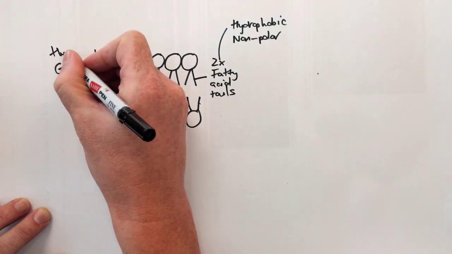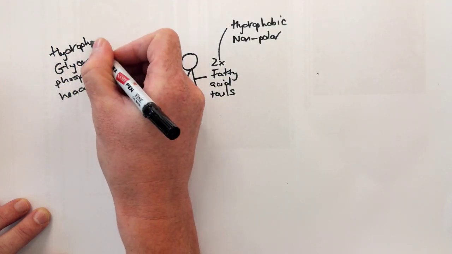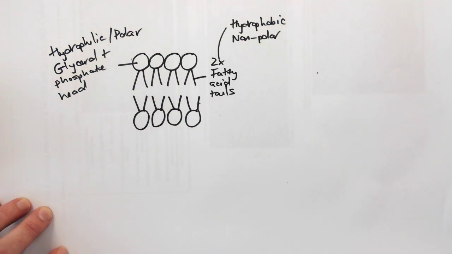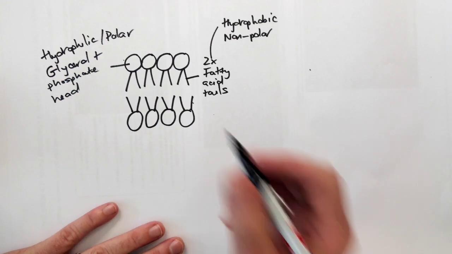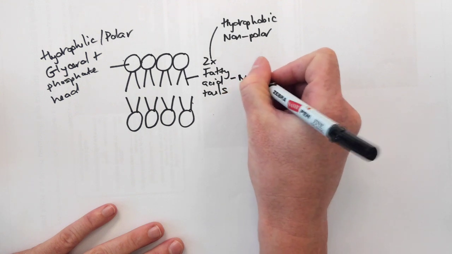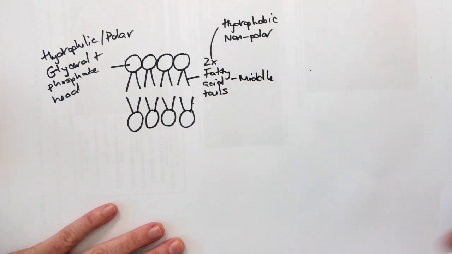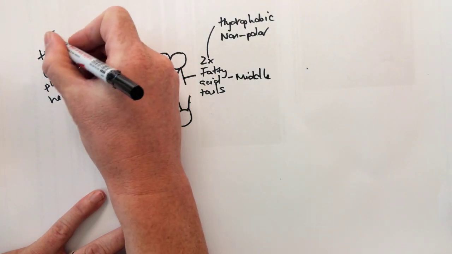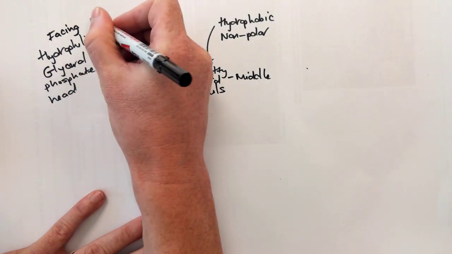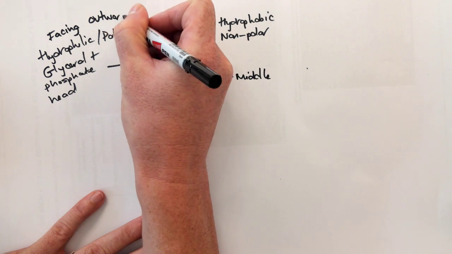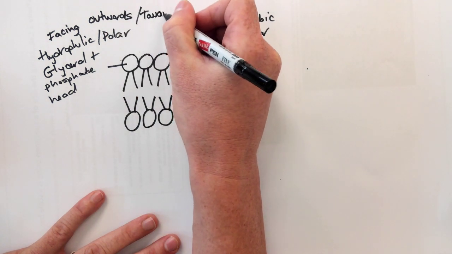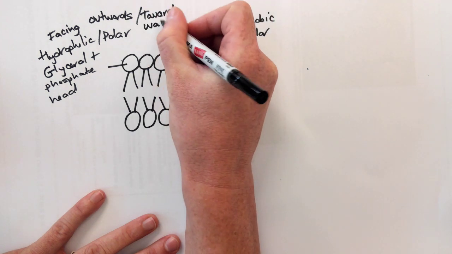And this is hydrophilic, polar. The fatty acid tails are in the middle. The hydrophilic, phosphate and glycerol are facing outwards towards water.